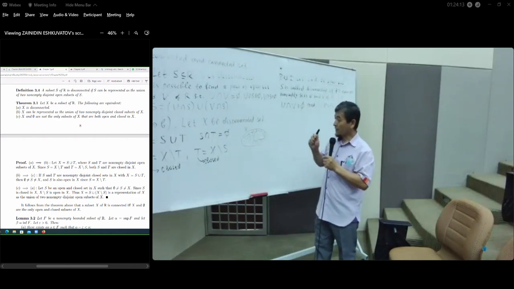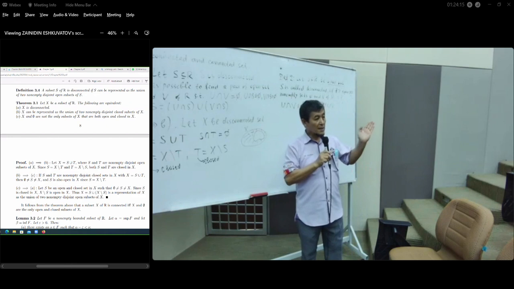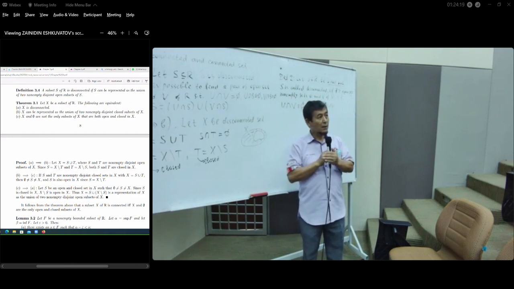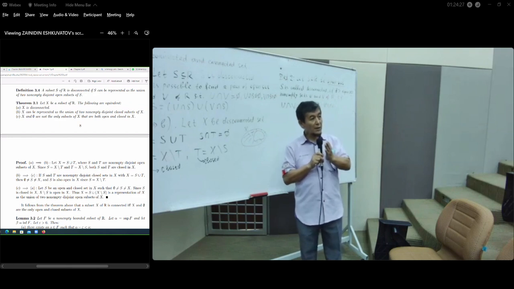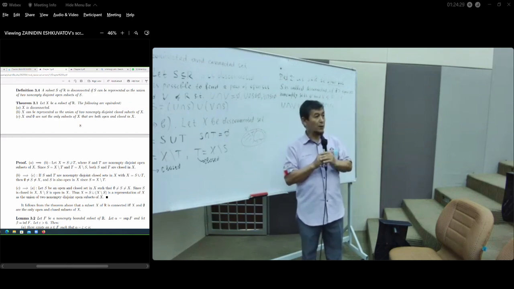I'm saying that X is an open set, and subtracting another open set will be closed. But if X is closed, then taking out some open set will be a closed set.